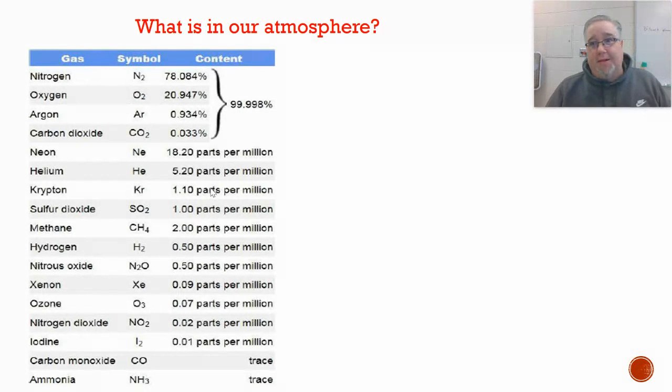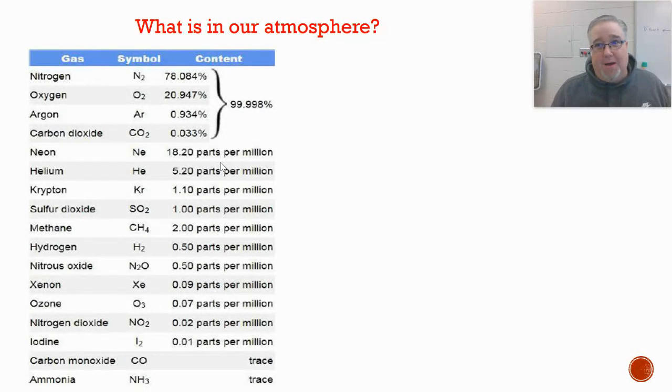Now, a couple of things are important from this list. The first is that these top two things here, nitrogen gas, N2, which we should be familiar with, and oxygen gas, O2, those two gases alone, if you added them up, would basically be 99% of the atmosphere.